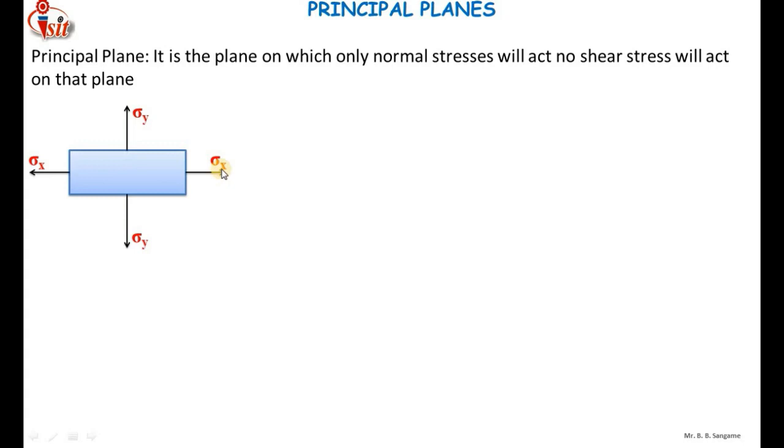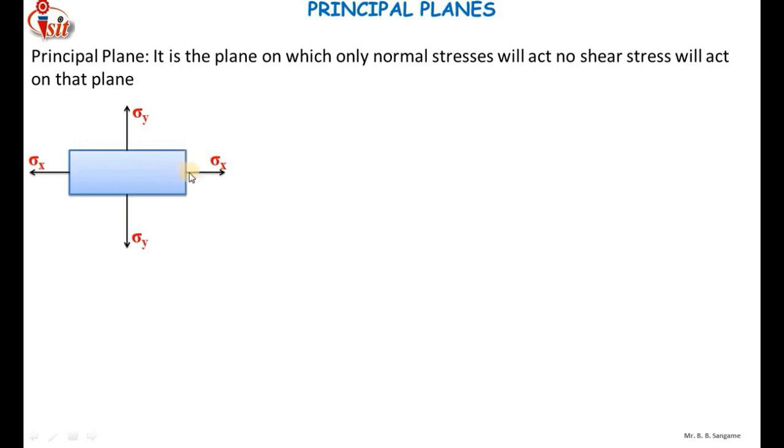Here you can see that sigma x is acting on this face and also on this face. So these two planes can be called the principal planes. Also sigma y, which is the stress because of the tensile force in the y direction. Both the stresses sigma x and sigma y are acting normal, that is perpendicular to the area.